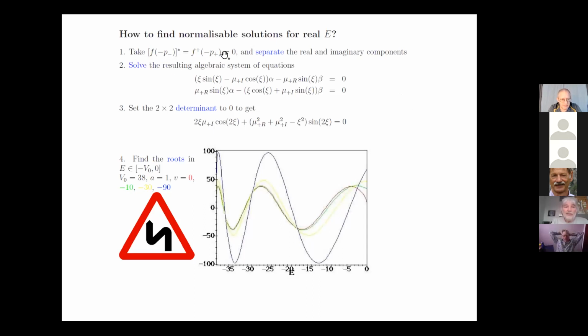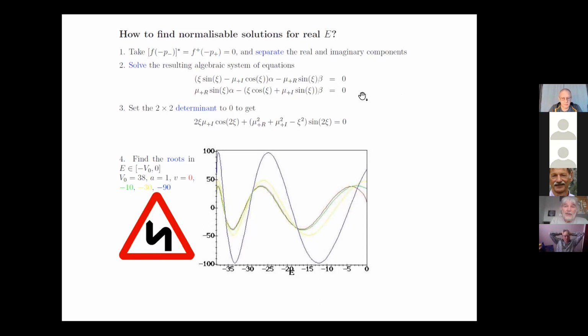As I said, for this we have to select those coefficients which are together with the asymptotically exploding solutions. You set them to 0, and from that you will get a set of two algebraic equations. You can solve it for alpha and beta. Let me remind you that alpha and beta are two components of the wave function inside the box.